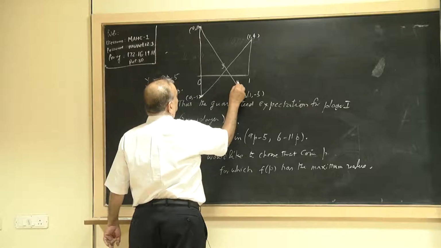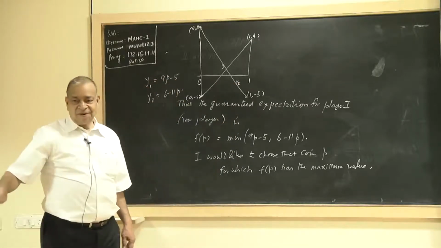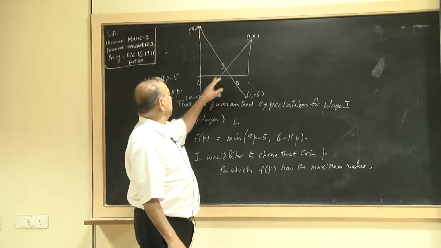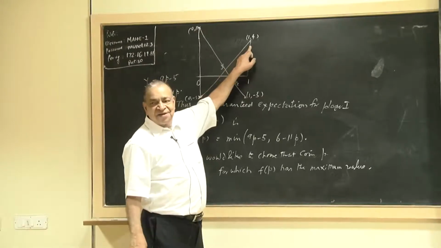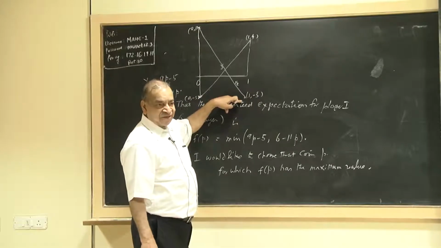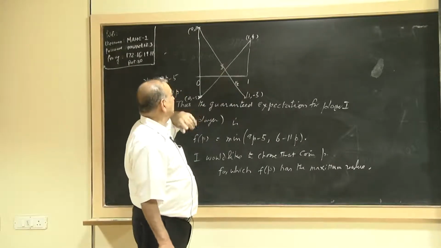This is the function y2. Okay? I have plotted the two functions. For each value of p, y1 is traveling like this. For each value of p, y2 is traveling like that. Okay? And here is a cutting point.